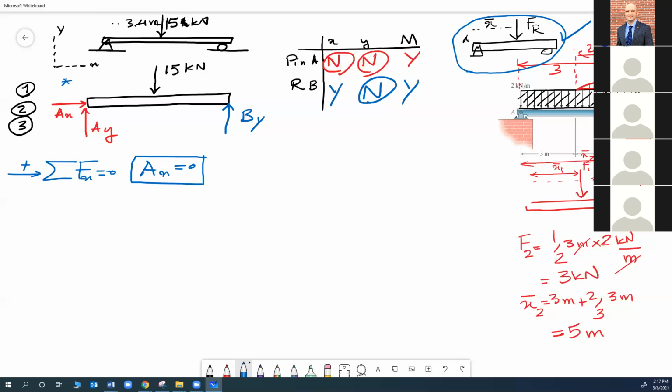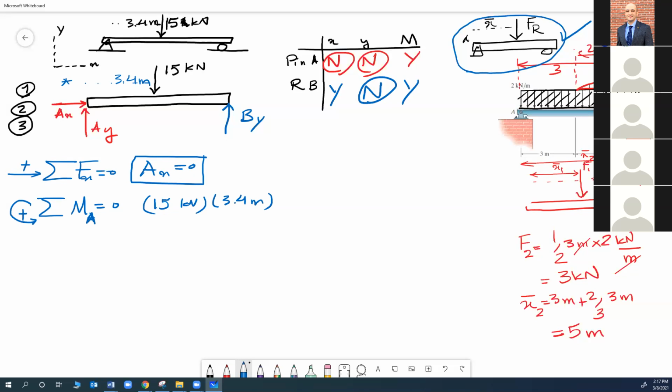Okay. Summation of forces, I want to say Y, but then I have two unknowns. Let's do a moment about point A or B. Doesn't matter. Summation of moments, and let's take anything that rotates this way to be positive. I start from the same point A. AX, AY, they both go through point A, so I don't have to worry about them. I have a 15 kilonewton multiplied by this distance, which is 3.4 meters.